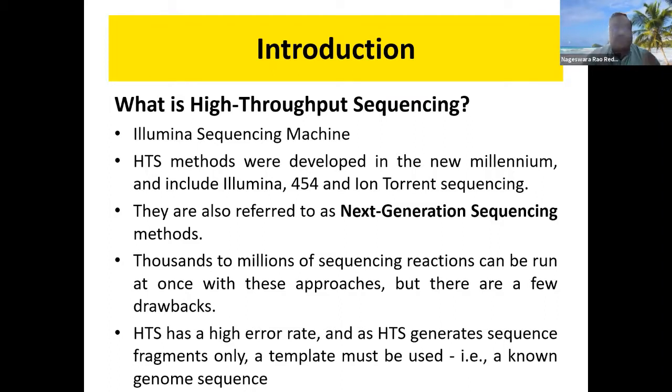The advantage with high throughput sequencing is that we have low data error, and there are very few drawbacks. Mostly you can say there are no drawbacks. HTS can have a high error rate, and HTS generates sequence fragments only. A template must be used, known as the genome sequence.